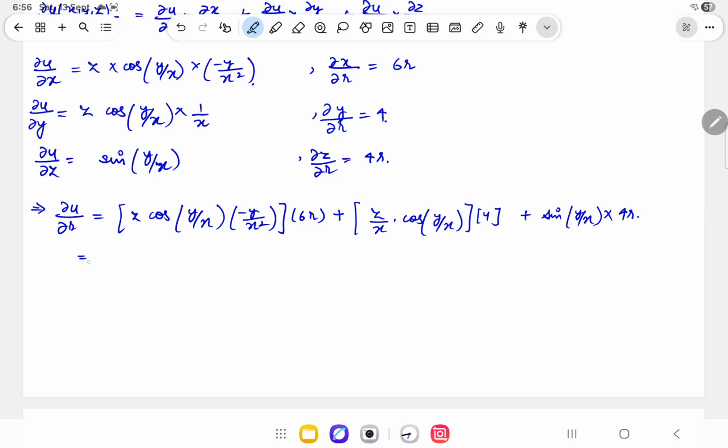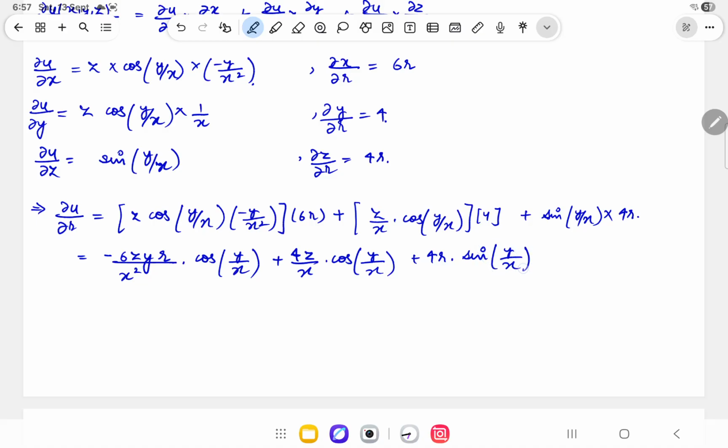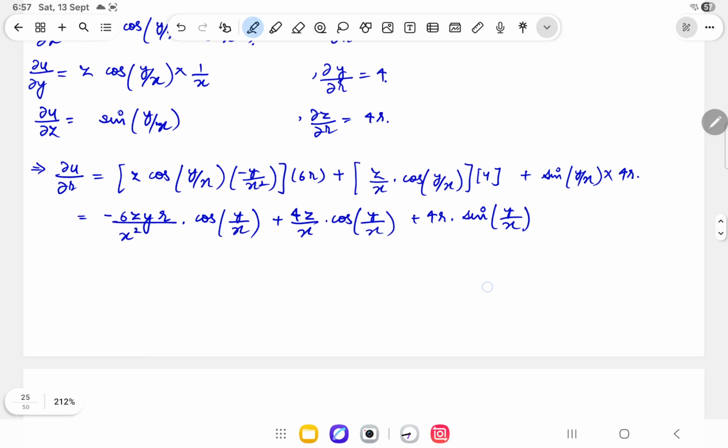If I simplify it, I'll be getting minus 6zyr by x square into cos(y/x) plus 4z by x into cos(y/x) plus 4r into sin(y/x). So this is what I got for ∂u/∂r.